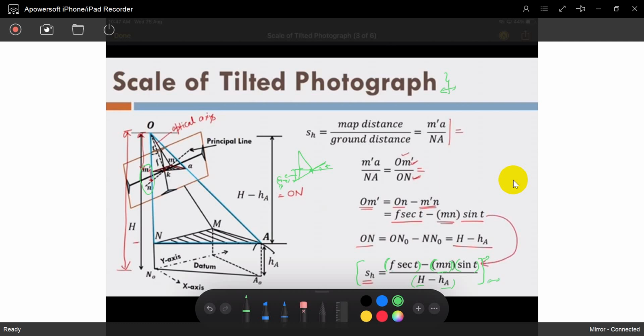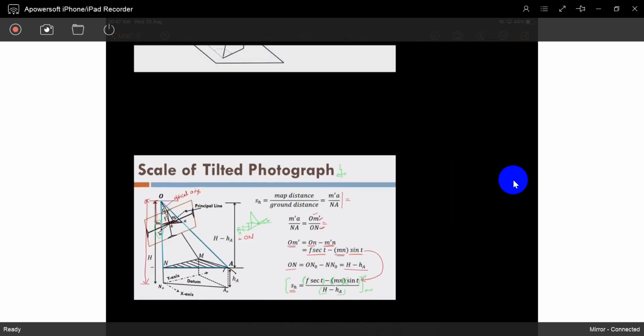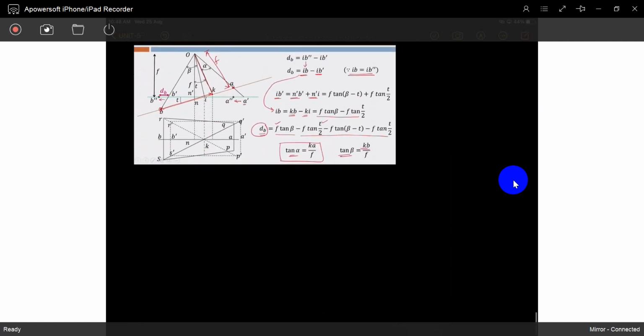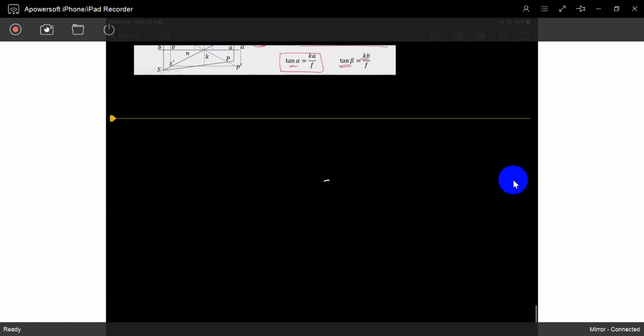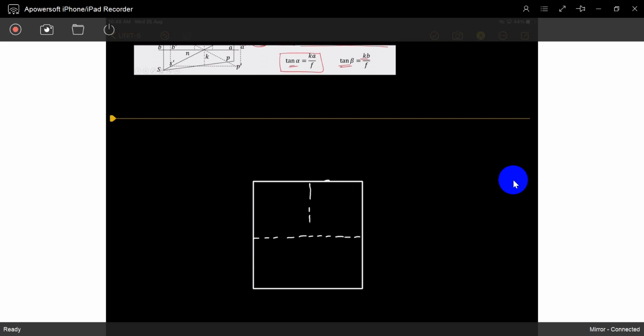The scale is different. So what is that Mn, sir? If you see, I will draw here. This is X, this is Y. The nadir point will touch somewhere here, we don't know.